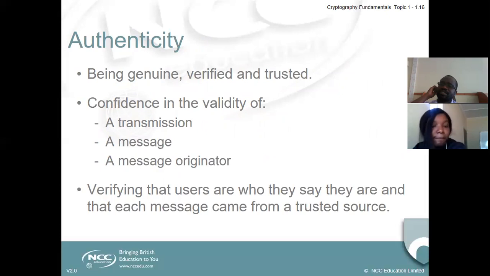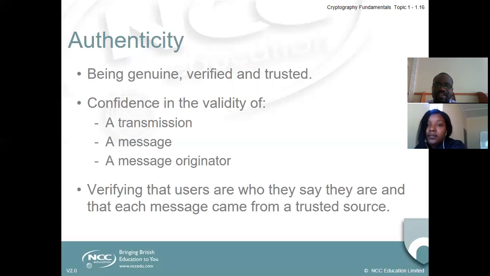Let's talk about authenticity. Authenticity is about being genuine, verified, and trusted. What's the authenticity of this information? It is confidence in the validity of a transmission, a message, and the message originator. Then verifying that the users are who they say they are, and that each message comes from a trusted source. In networking, all these should be there in terms of security.